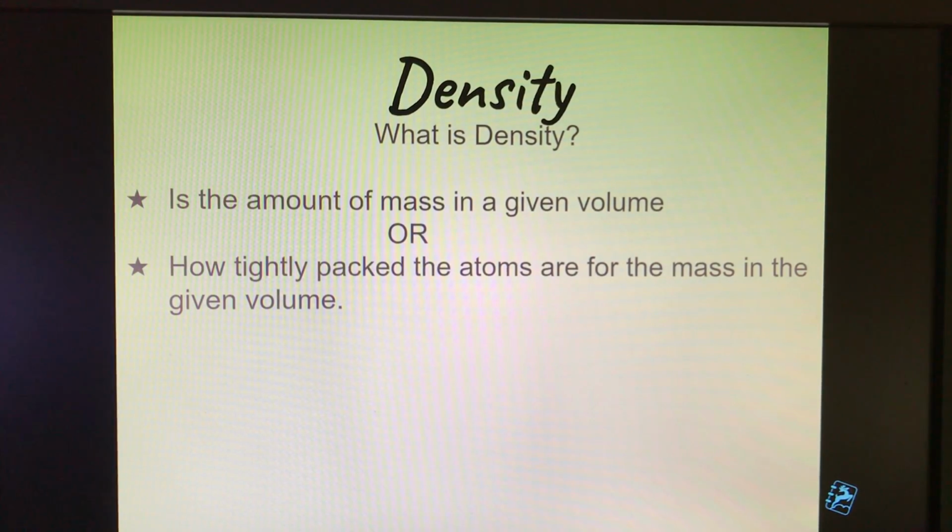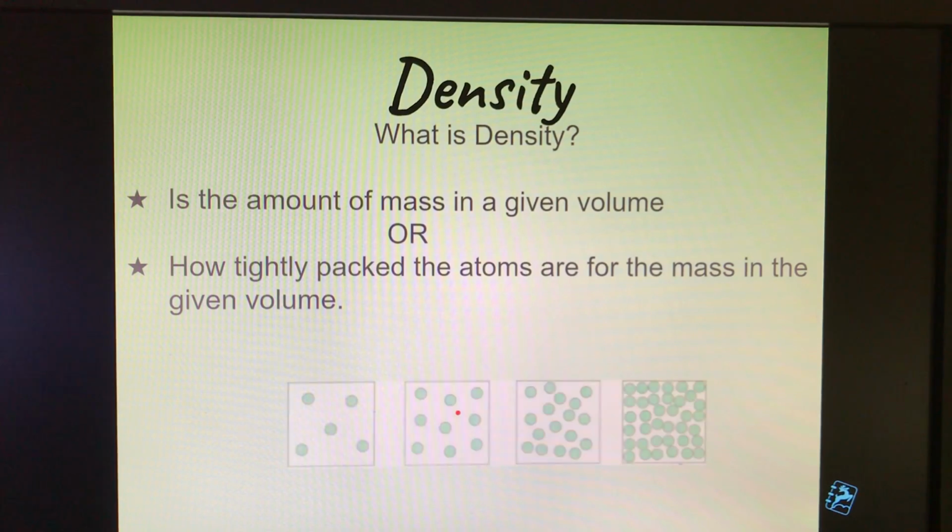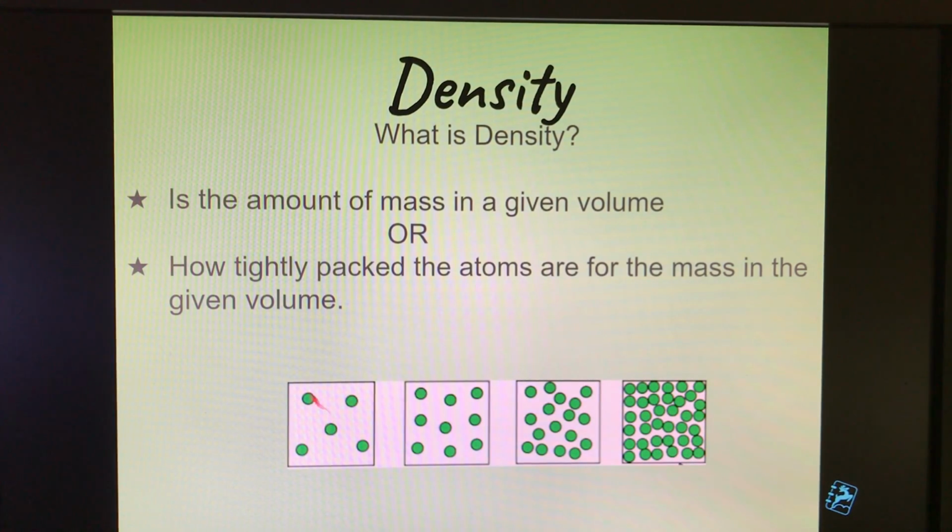So let's look at a picture. Here we have one object, we have another object, a third, and a fourth. Now each one of them has the same exact volume. But what's different is the atoms, the molecules within that volume.